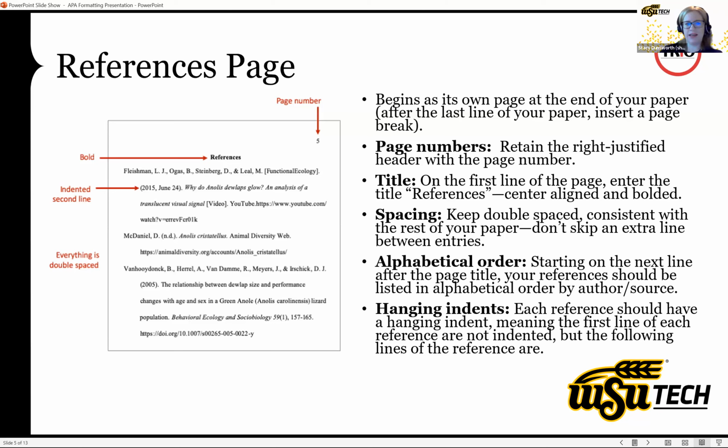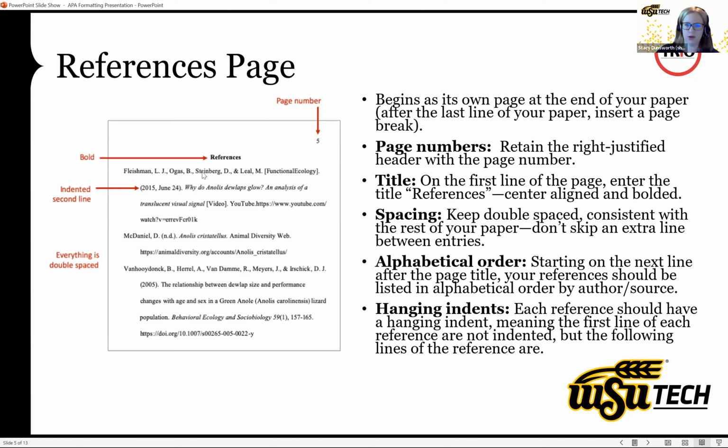Do note that the references need to be listed in alphabetical order according to the first letter of each line. So looking here, F, M, B, those are in order based on alphabetizing. And this is what you will do every single time.